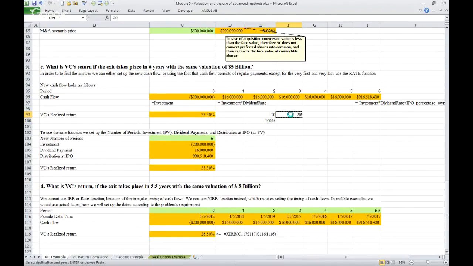And even if you move it here, and it looks like it now covers the period of 2 years, it is still not correct, because there is a problem with the internal rate of return function in Excel.